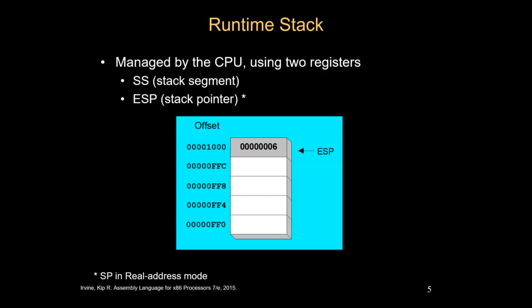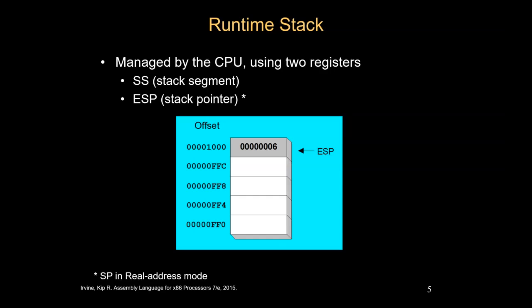We said it's a stack pointer. Yeah. So the runtime stack memory array is managed directly by the CPU using the extended stack pointer register, the ESP, also known as the stack pointer register. In Irvine32, or in 32-bit mode, the ESP register holds the 32-bit offset into some location on the stack.